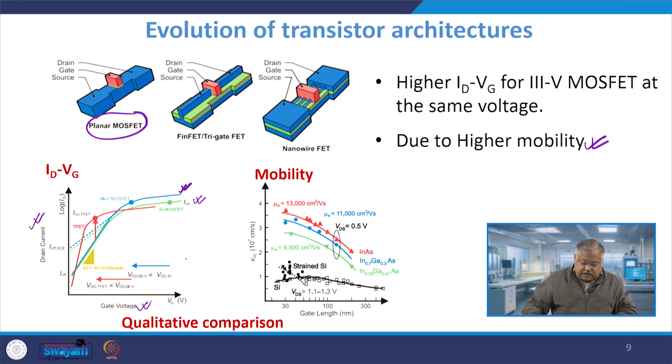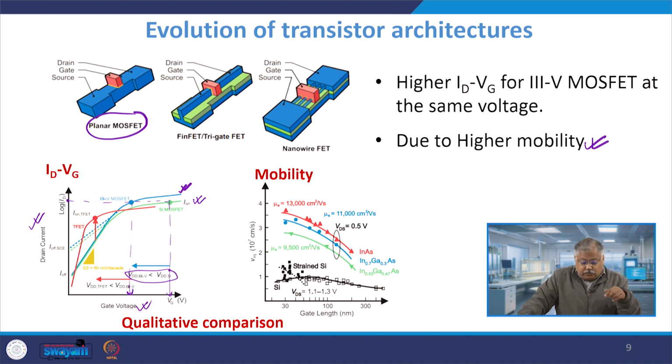The second thing is that we can show from this graph that the VDD for silicon is larger as compared to VDD for III-V for the same amount of current to flow, which means that if I draw a straight line here for the same current, the III-V MOSFET has much lesser voltage as compared to silicon MOSFET.